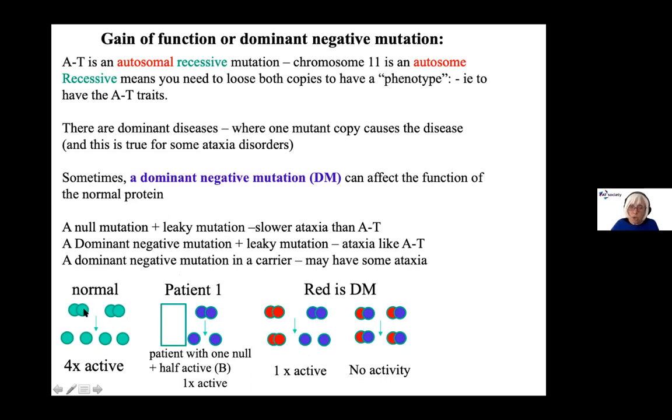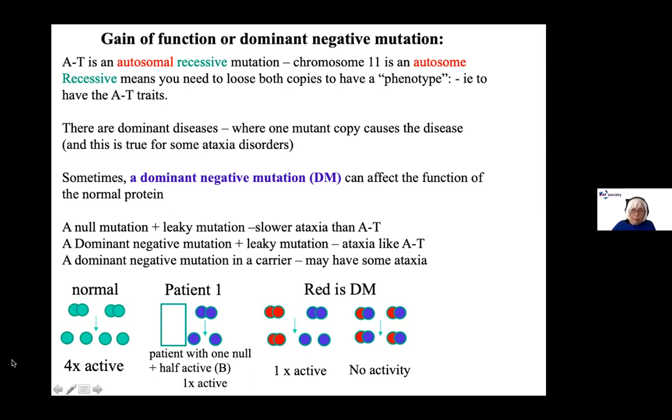But ATM, the way it works is that it forms what we call a dimer. It binds to itself and, without damage, it's inactive. But when you get that damage, that double strand break in your DNA, it becomes separate. It forms what we call monomers and is now active and is able to tag those proteins and set up the response.